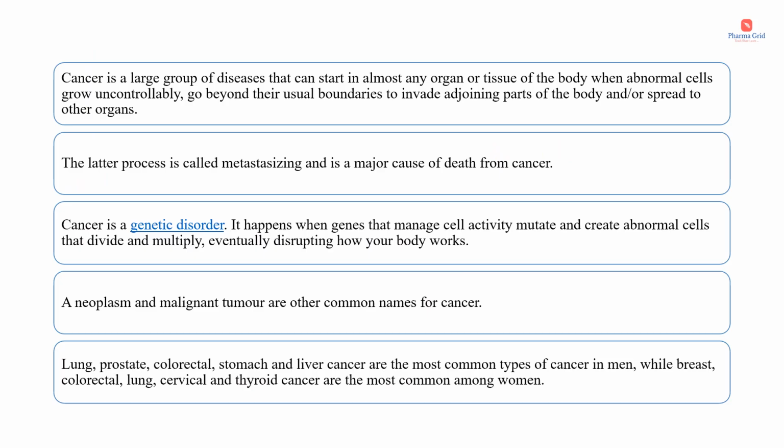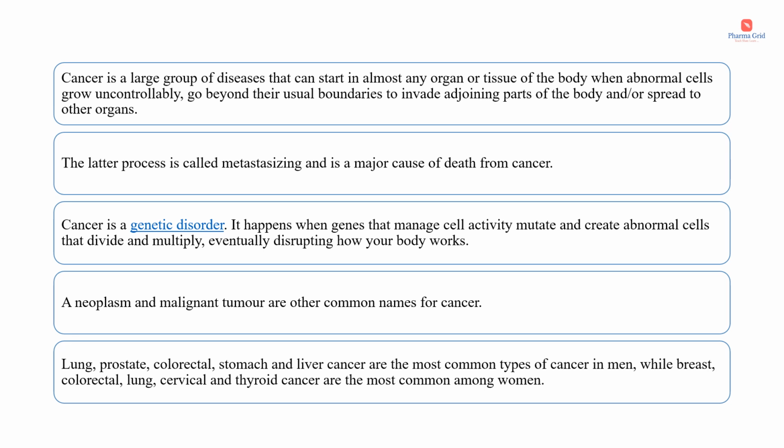Cancer is a large group of diseases that can start in almost any organ or tissue of the body when abnormal cells grow uncontrollably, go beyond their usual boundaries to invade adjoining parts of the body and/or spread to other organs. This spreading to other organs is called metastasis, and it is a major cause of death from cancer.